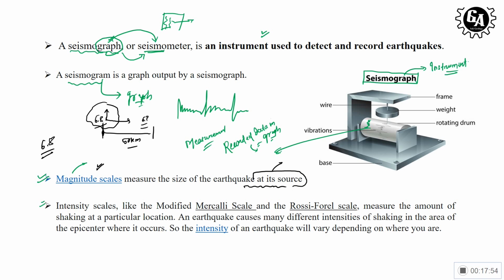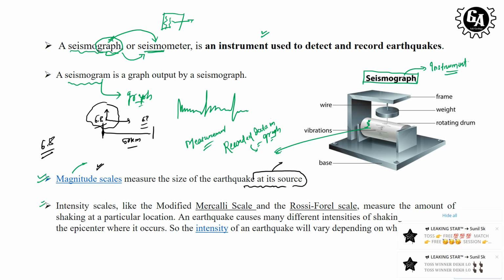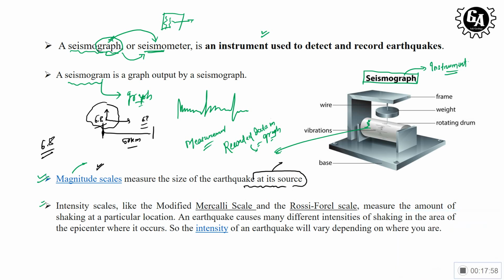When we go away from the focus or the epicenter, the intensity decreases. To measure magnitude we have the Richter scale, and for intensity there is the modified Mercalli scale and the Rossi-Forel scale. These are some other scales used to measure the intensity of an earthquake.